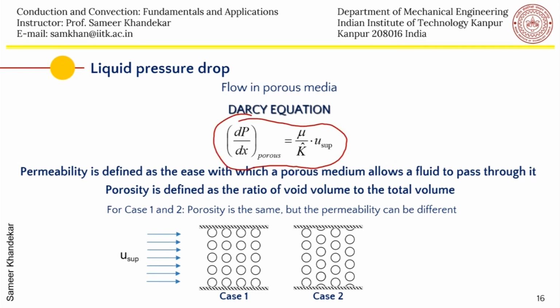So if you keep on increasing the superficial velocity, the pressure gradient will increase, and naturally if you use a more viscous fluid, the pressure gradient will be more, and therefore in the proportionality constant you get mu divided by k. Now you can check the units of the left hand side and the right hand side, and they are equal, they are uniform in fact.